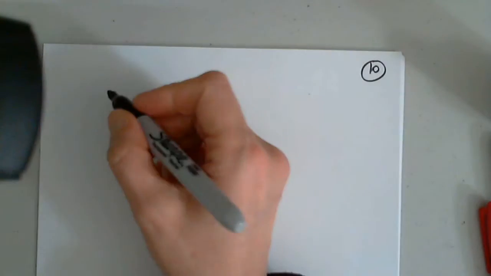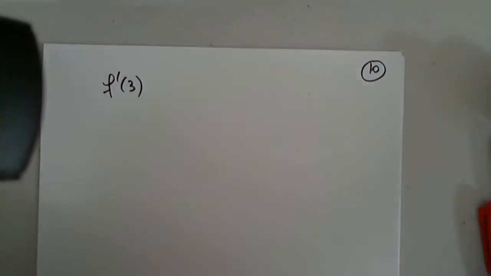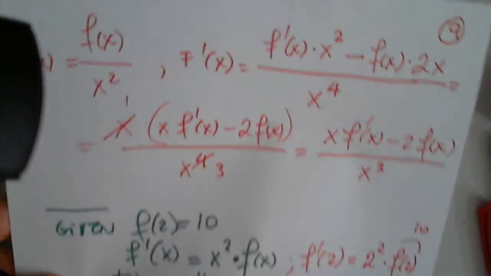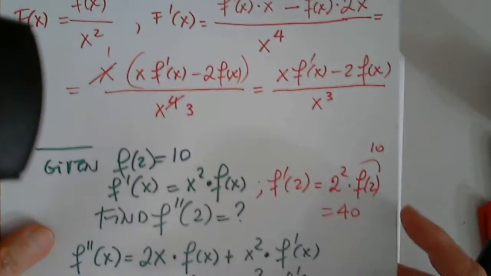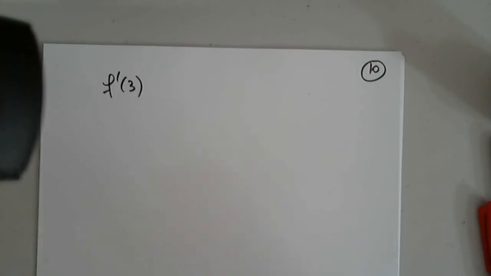If we were to do f prime of 3, or sorry, not f, how would you say the second prime, I think, or the third prime? Second derivative. Double prime.